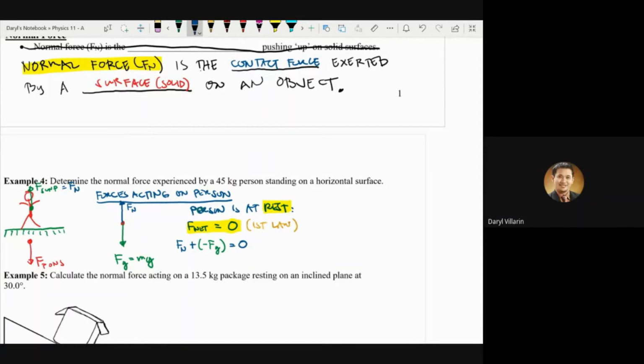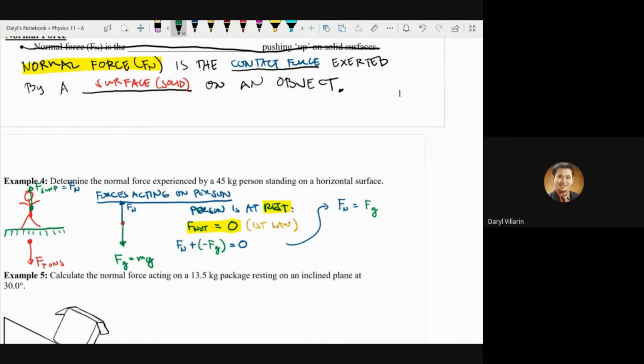Or, if you can see here, the magnitude of the normal force is equivalent to the magnitude of Fg. With a little algebra, adding Fg to both sides, it gives you Fn equals Fg.